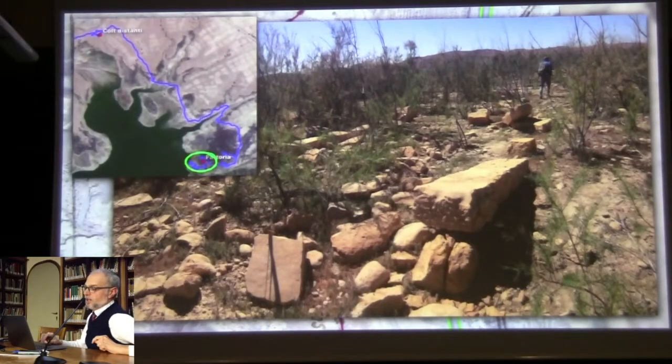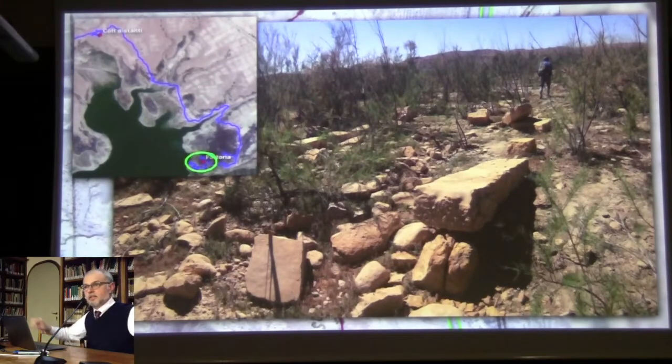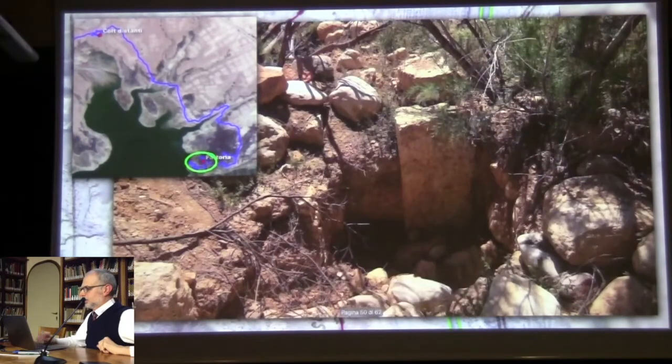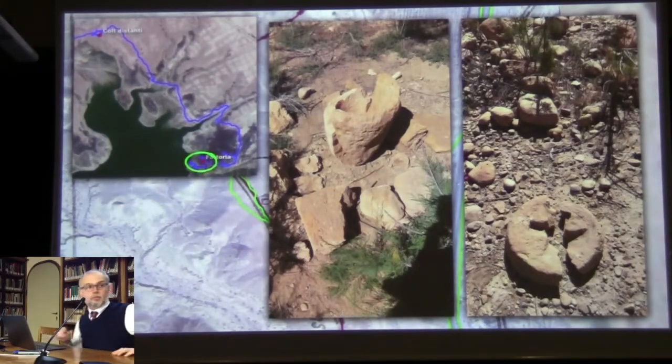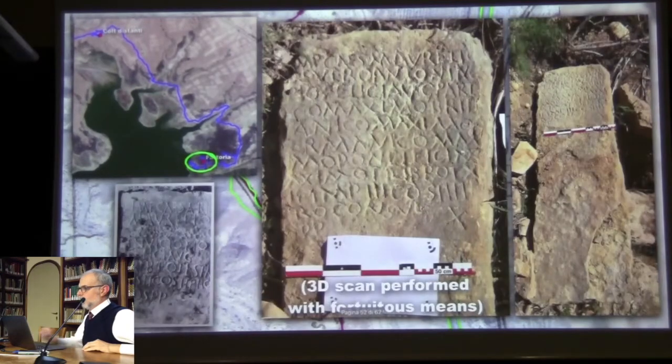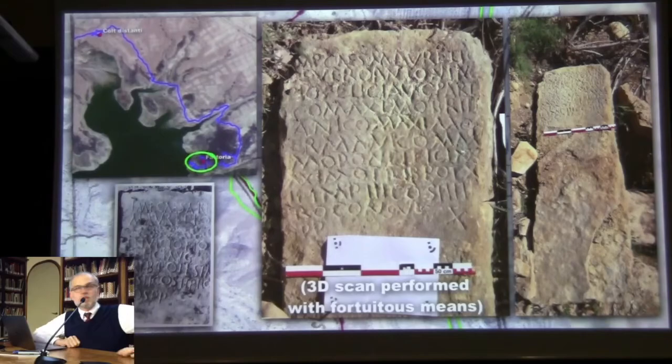And on the site, in the factory farm area, we found architectural elements, horizontal and vertical, and traces of a millstone or a facility for the production of oil, I think. You see, this was in two pieces. This is a wheel, and we also found the famous inscription.